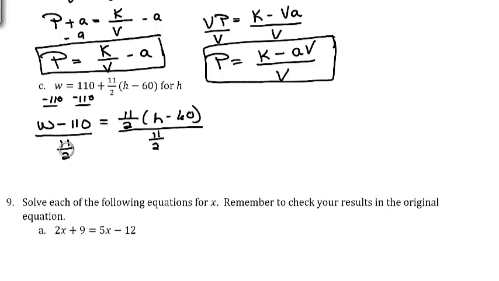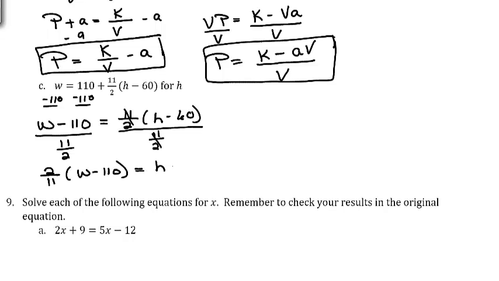Dividing by a fraction is the same as multiplying by its reciprocal. And so what this will become is 2 over 11 times the quantity W minus 110. So now I'm multiplying by this fraction flipped upside down, its reciprocal. And these 11 halves cancel.